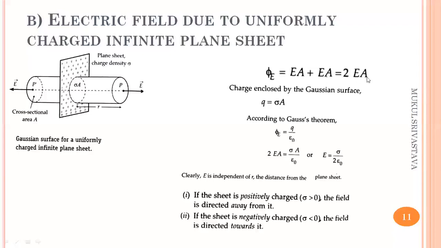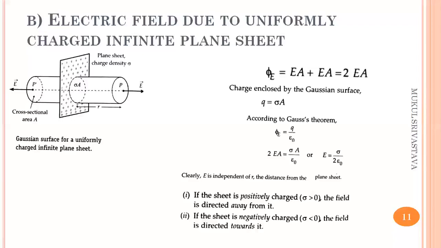Now we are using this Gaussian surface. The charge enclosed by the Gaussian surface is Q equals sigma A, where sigma represents the surface charge density and A represents the cross-sectional area. Now we apply Gauss theorem, phi equals Q upon epsilon naught.